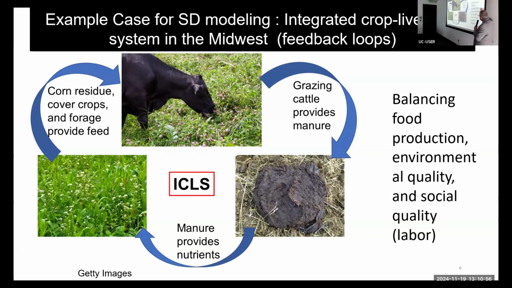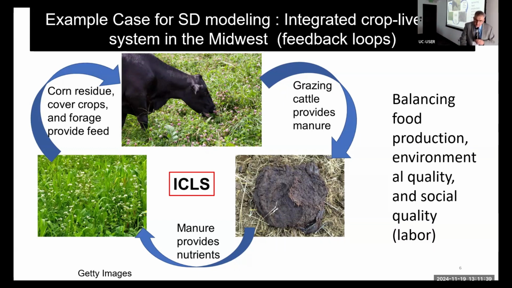But balancing food production, environmental quality, and social quality can be a challenge, especially what we define as social quality, the labor that entails when you do an integrated crop livestock system. There is also another alternative, a more aspirational management approach, which is integrated crop livestock with cover crops that allows you to increase the forage acreage, therefore enlarging grazing capacity in your watershed.